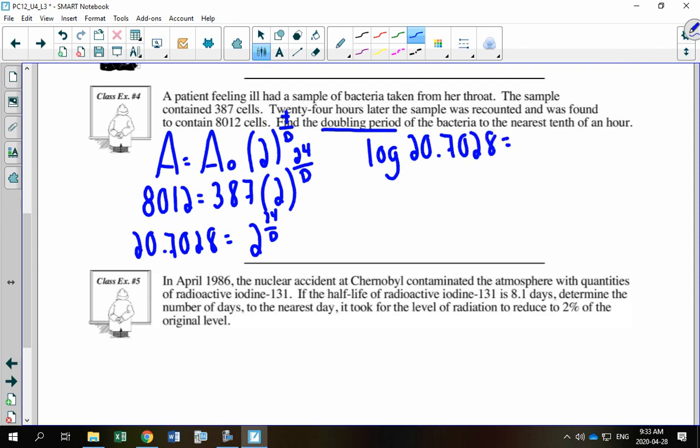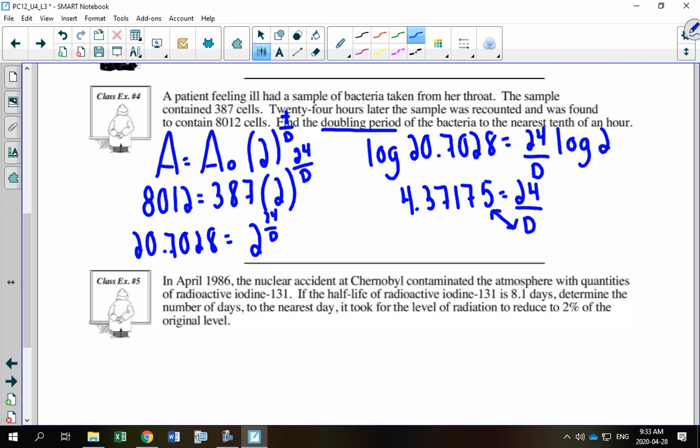Move that exponent to the front, and we're left with log 2. Then we'll divide by log 2. So log of that 20.7 divided by log 2 is 4.37175, equals 24 over D.